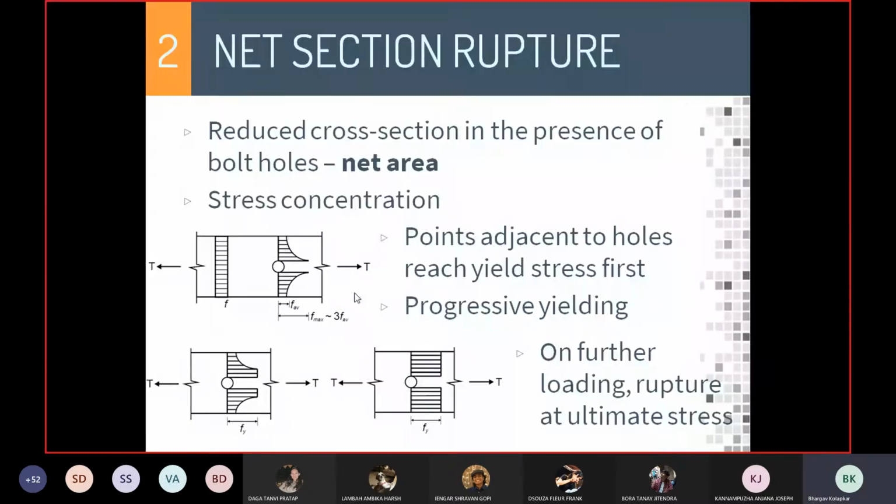So what is happening whenever we punch in bolt holes, the gross area is converted into net area, and there's a reduction in the cross section. Now, in general, even in our life, whenever there is a sudden change, it always leads to some kind of a stress. For example, let us say that you are looking at your phone and walking on the street, and suddenly there's a pothole, or suddenly there's a step.